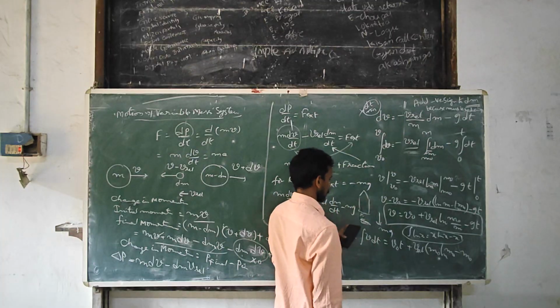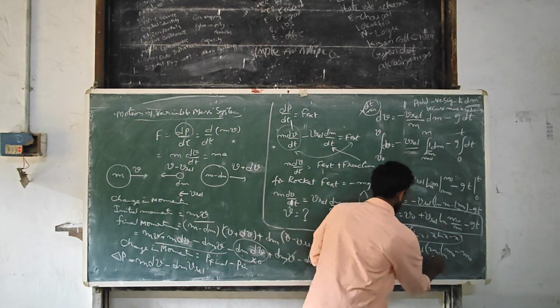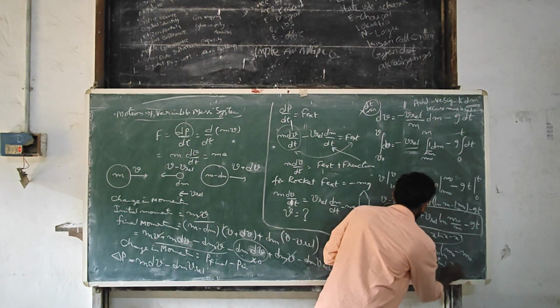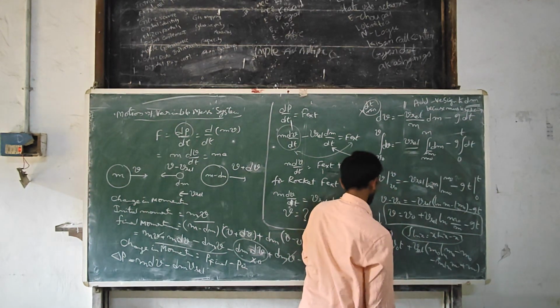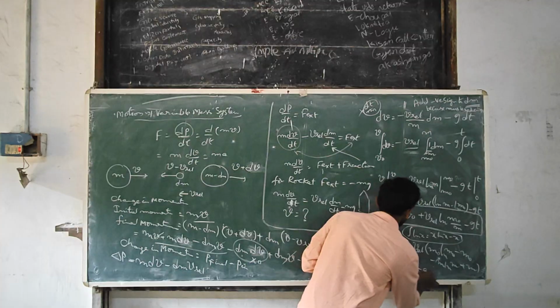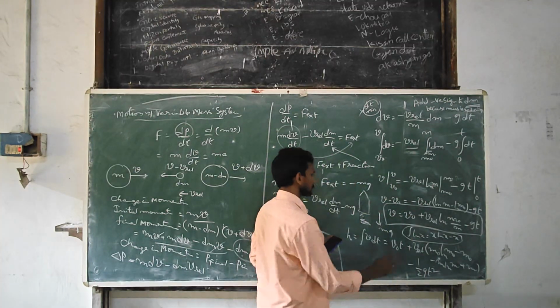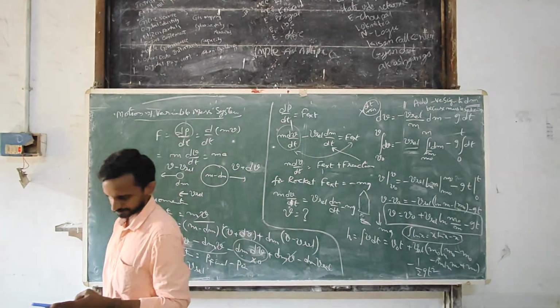So m naught log m naught minus m naught minus m log m plus m, minus half gt square. That is the maximum height reached by the rocket.